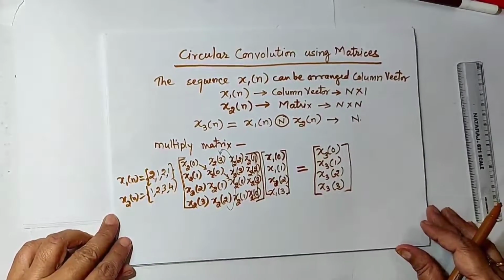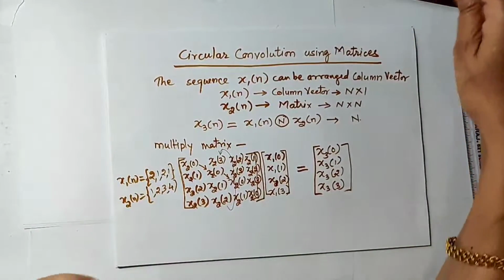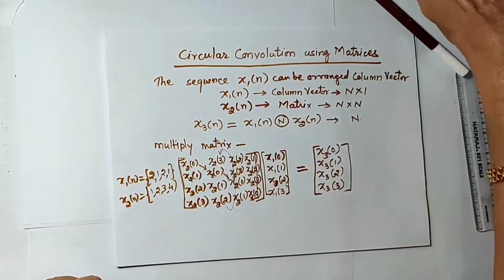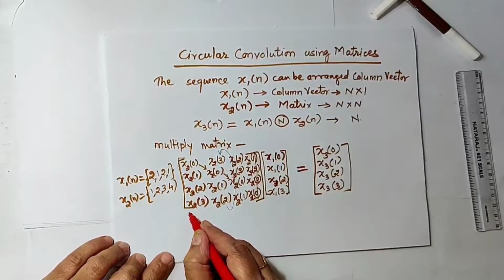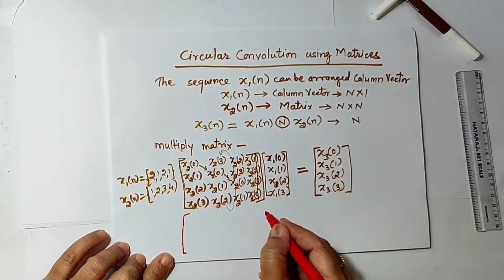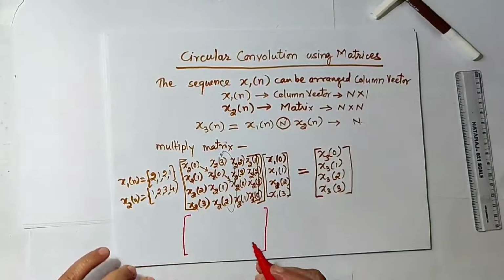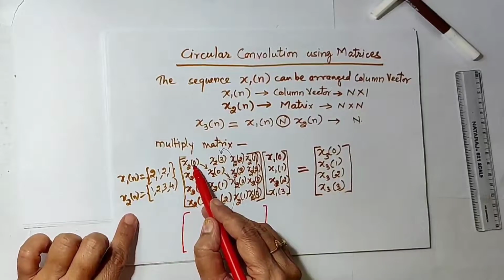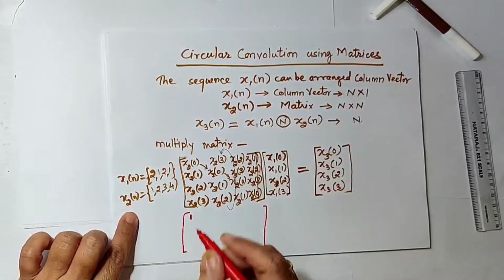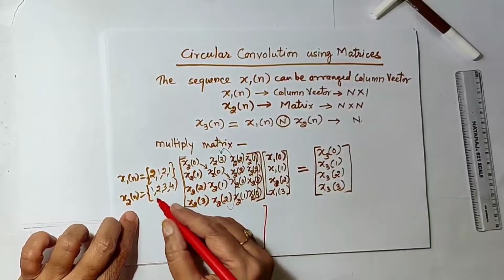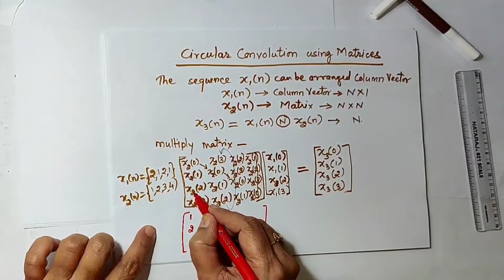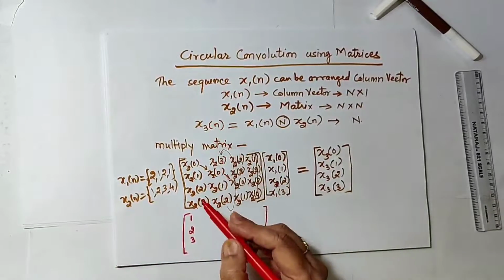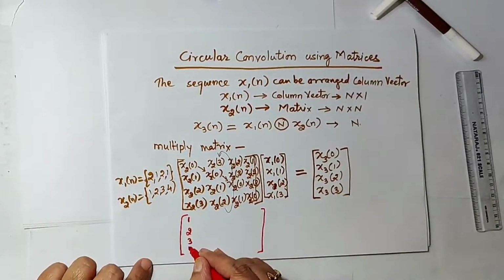Now I substitute these values in the matrix. Since x2 is shifting, we take x2(0), that is 1, x2(1), that is 2, x2(2), that is 3, x2(3), that is 4.